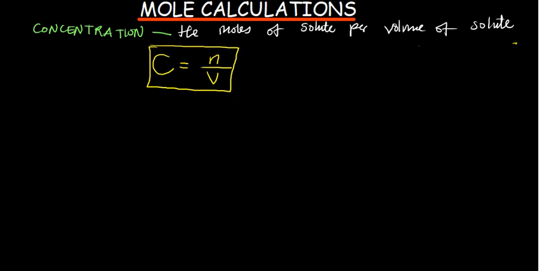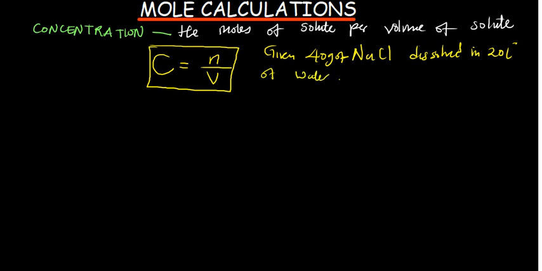So let's say we've been given sodium chloride. Sodium chloride, this is table salt, the salt that we use. Let's say 40 grams of sodium chloride dissolved in 20 liters of water. Calculate the concentration.